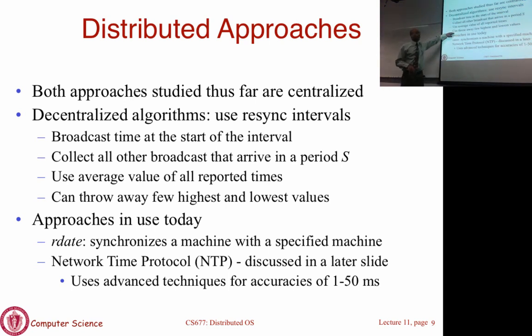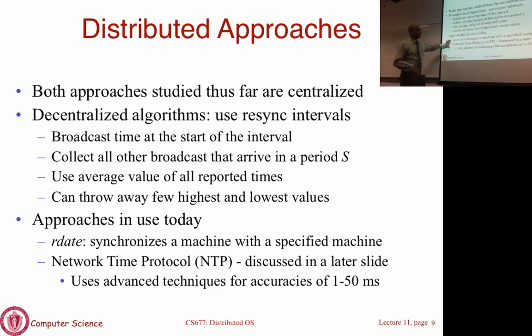You can also try to ensure more accuracy by throwing out very high clock values or very low clock values if the clocks are faulty. Not just drifting, but actually faulty, because sometimes clocks may just develop a fault. So you can throw the outliers out when you compute the average to get a better estimate. Those are all improvements that you can make today.